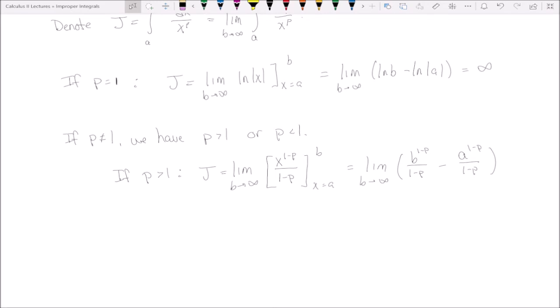Right? But p is greater than 1, right? Since p is larger than 1, we can conclude that 1 minus p is less than 0.